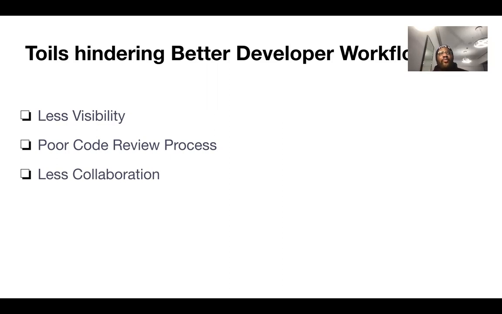And then less collaboration, because you have to share secrets, like I said. It becomes difficult because you don't know exactly what is going on in that code base. So you may be going on Slack and asking, okay, what does this do? What does this do? There's so much to do with the tools that hinders developer workflow.